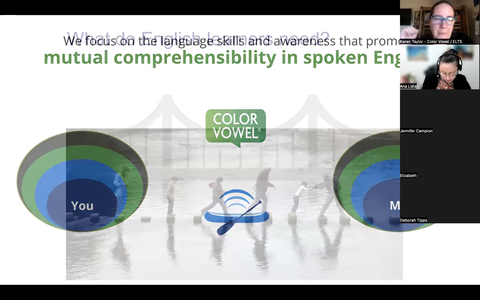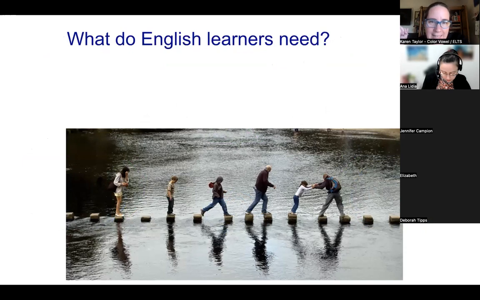All right, I got a little heady there, so I'm going to get concrete. What do learners need? This is a new graphic. I was searching for something just perfect for the metaphor I have in mind here. And I think someone in the room works with younger learners. If you've ever heard of the stream of speech, that's a pretty common linguistic term to describe, in a sense, the experience that learners have as speech flows by.